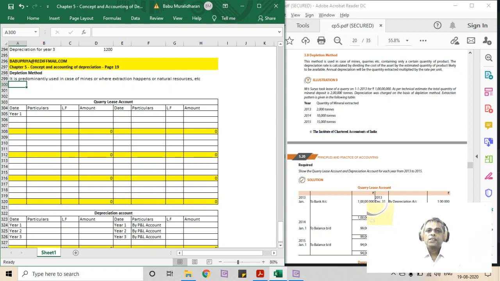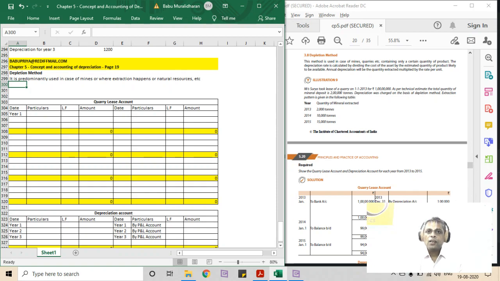So the depreciation has to be charged. Suppose the coal mine has a capacity of around 1 million tons, and it can be extracted over a period of 50 years. So the depreciation can be charged depending upon the quantity of coal extracted.